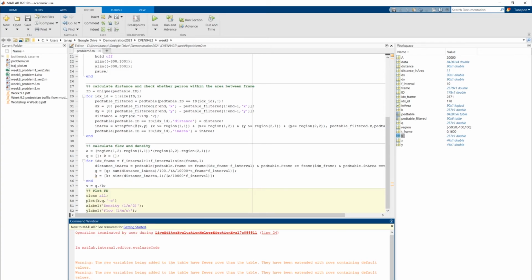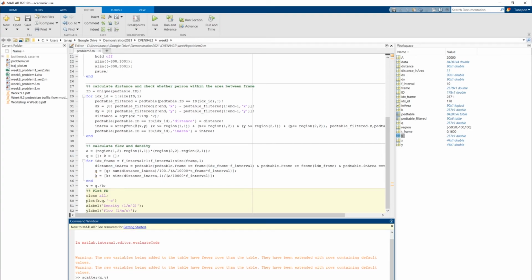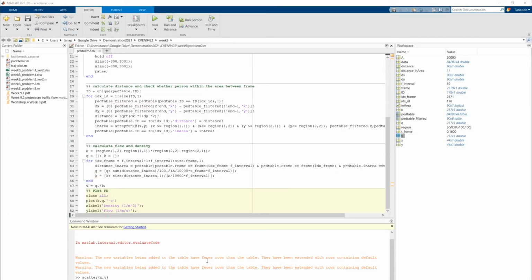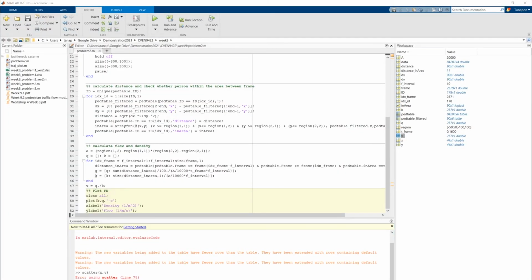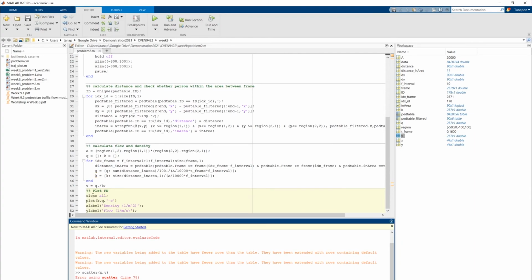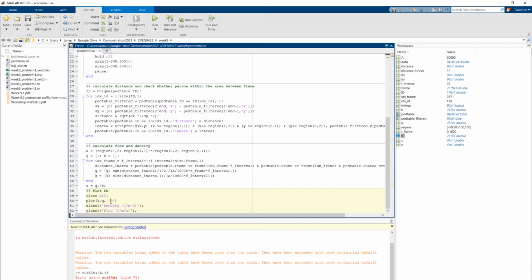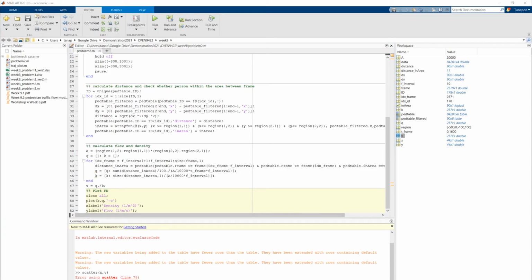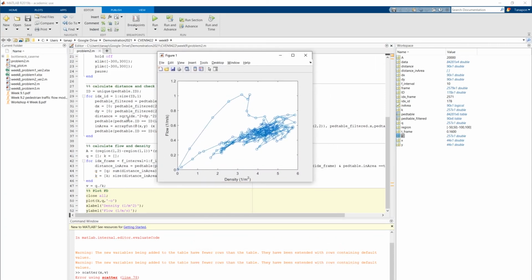Sorry, that's V. K and V. Yeah, it looks a bit better. So if you increase the size, the data is going to be less fluctuated. So it will look a bit better.